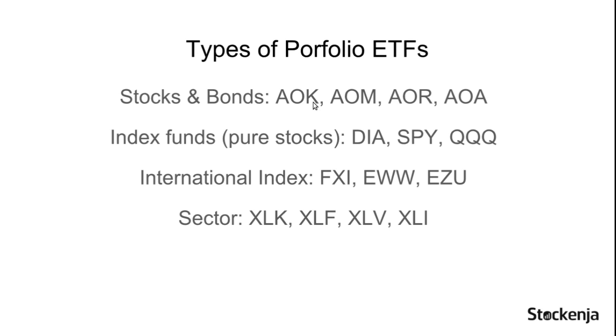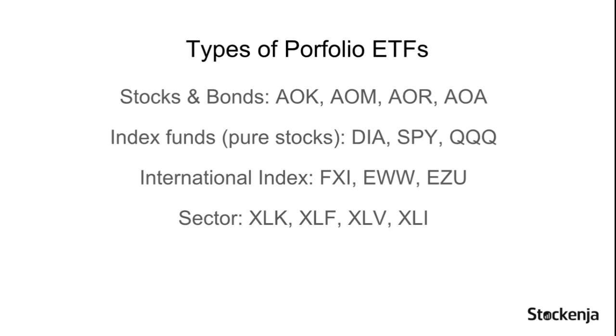AOK is weighted more closely towards bonds, but it still has some stock in it. The return increases as we move from the left here to the right. So AOA provides you with the most return out of these 4 choices, but you risk losing more in a bear market because it has more stocks.